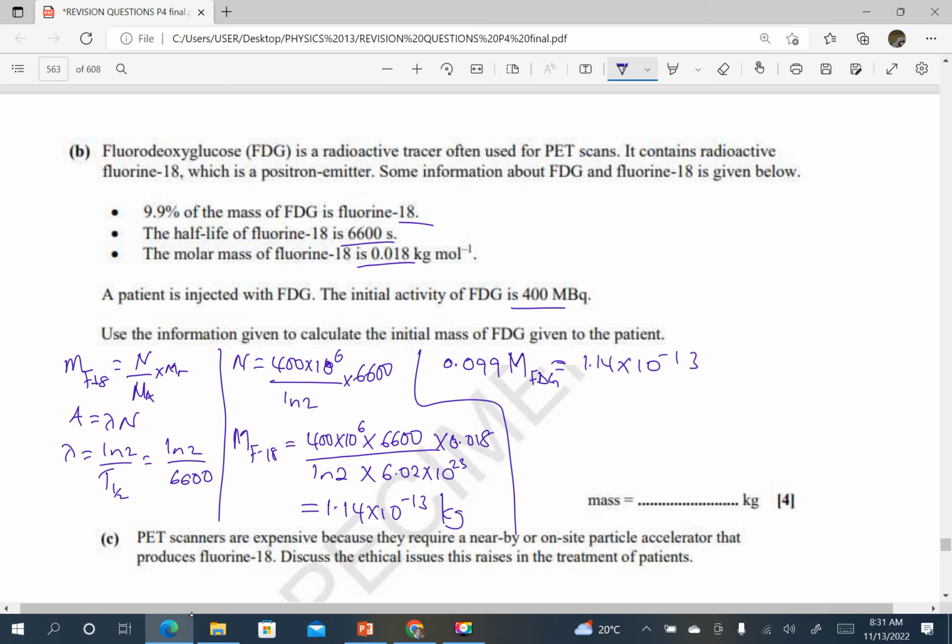I divide this by 0.099, and this gives me 1.15 times 10 power negative 12. In other words, precisely it is 1.2 times 10 power negative 12 kilograms. So that is the mass of FDG. I've just divided both sides by 0.099.